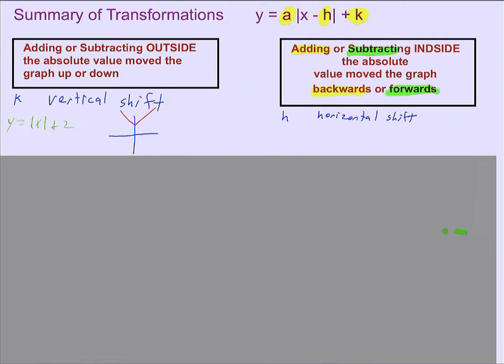So, for example, the function y equals the absolute value of x minus 3 would be the absolute value graph, the parent function, but then shifted forwards 3 units, 2, 3.